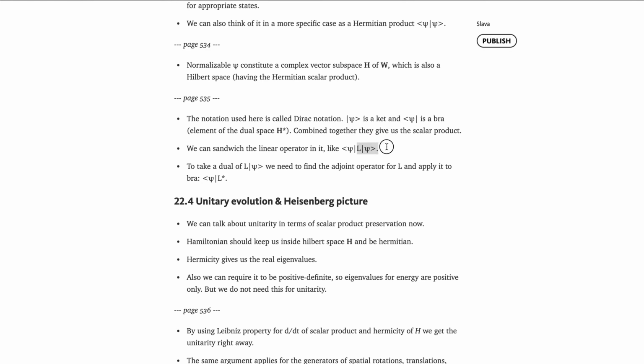In this case, we can think of L as acting on the right one, the ket. To find the dual thing for the bra, we need to take the bra and act on it using the adjoint operator L star.